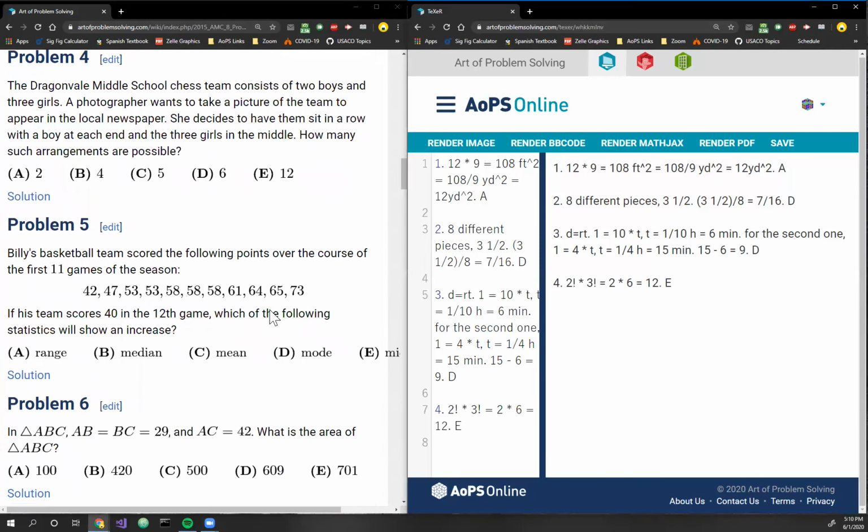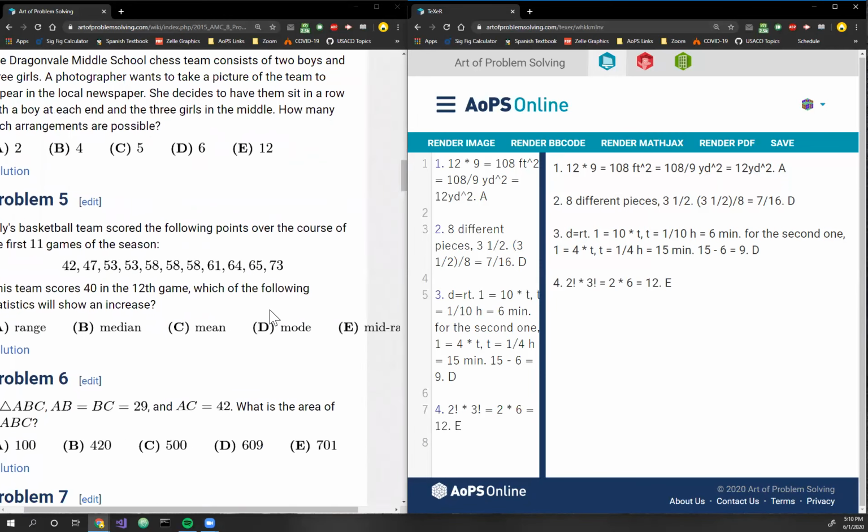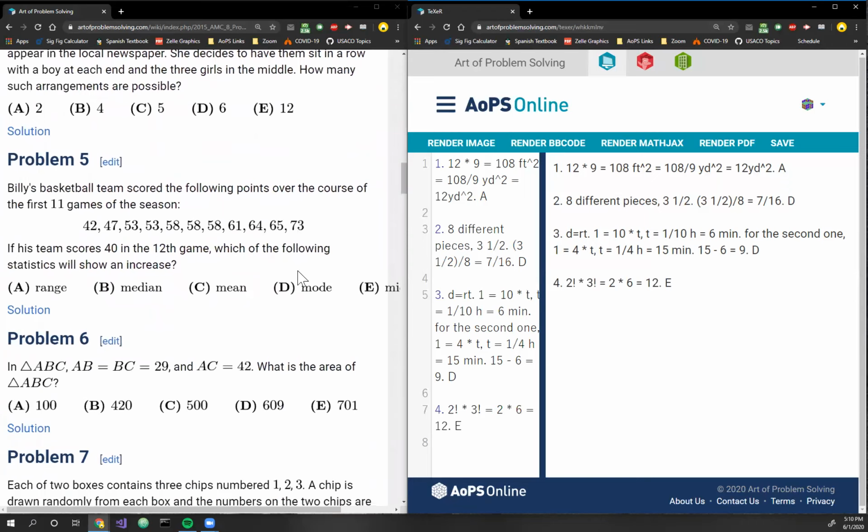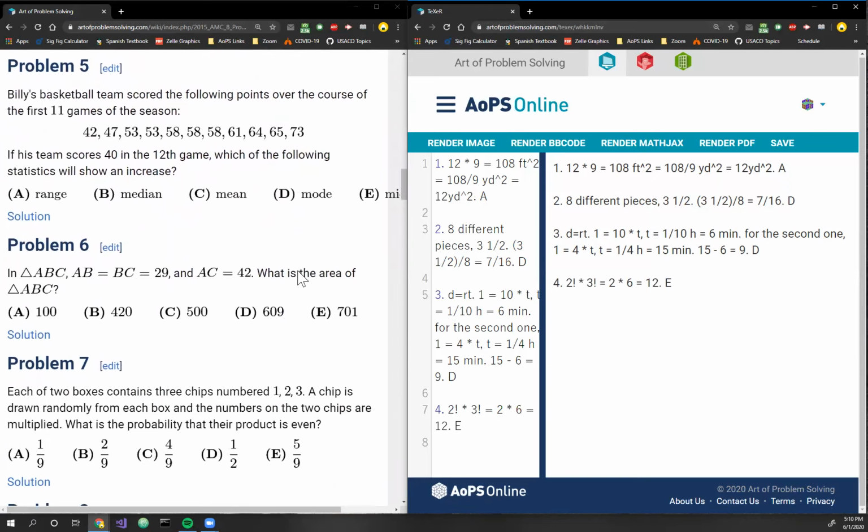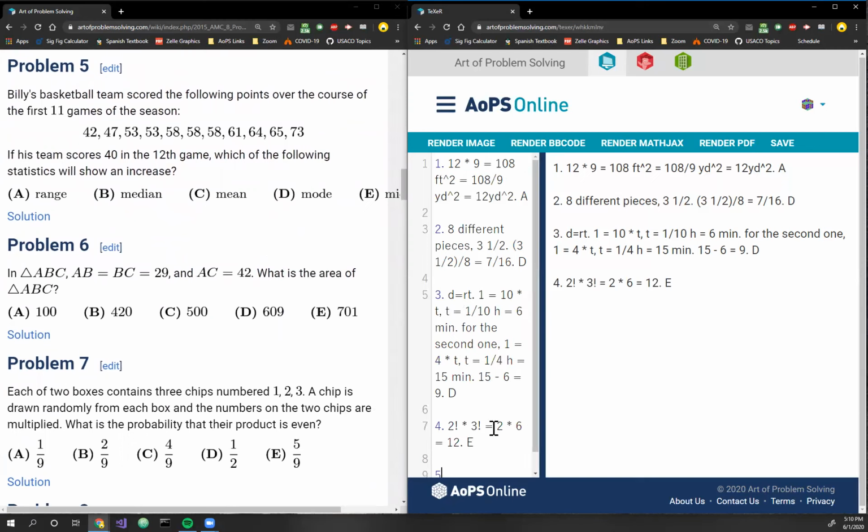All right. Number 5, this is basically just testing whether you know what mean, median, and mode mean. They're already sorted. Let's think about it: it's asking which of these will show an increase.